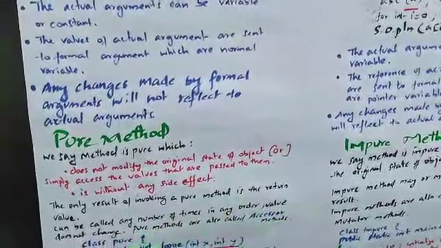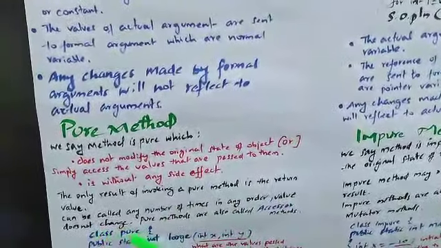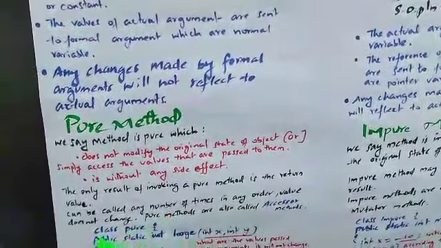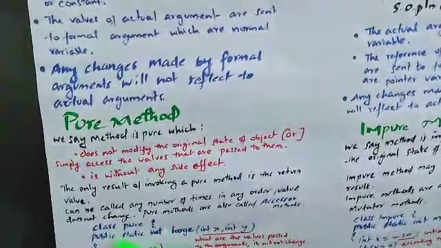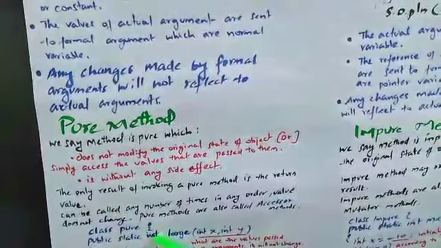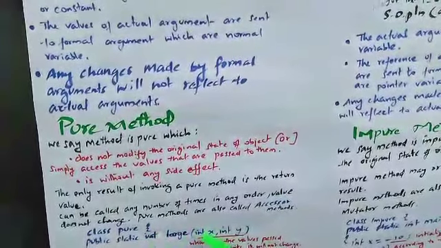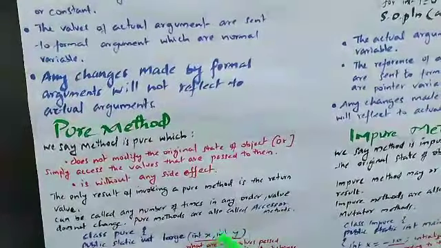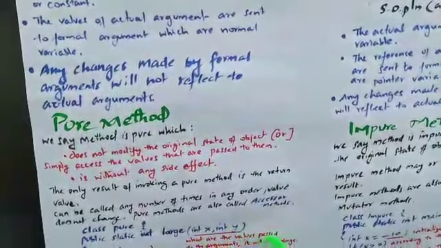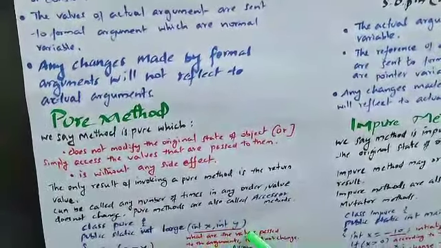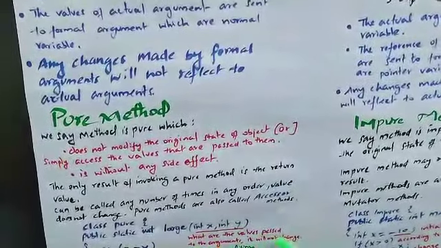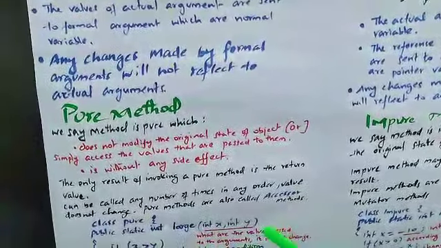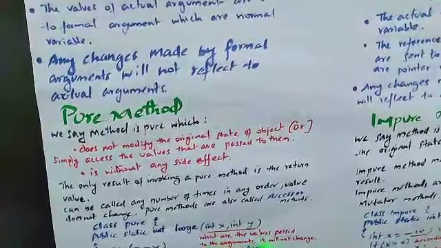See one example here. Our class name is Pure. Open the curly bracket. Main function we have written. Public static int large, with the variables X and Y. This means the values passed to the arguments will not change.